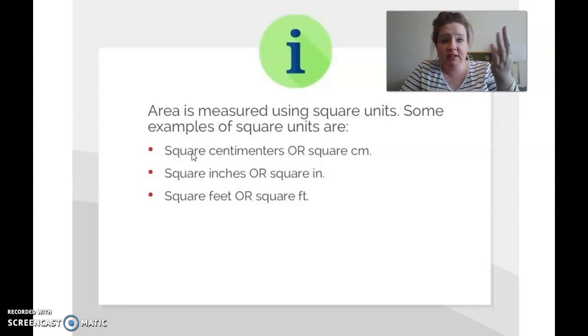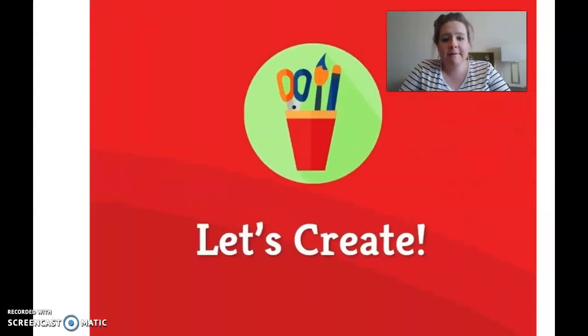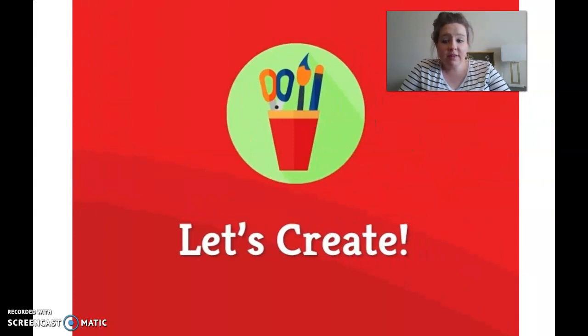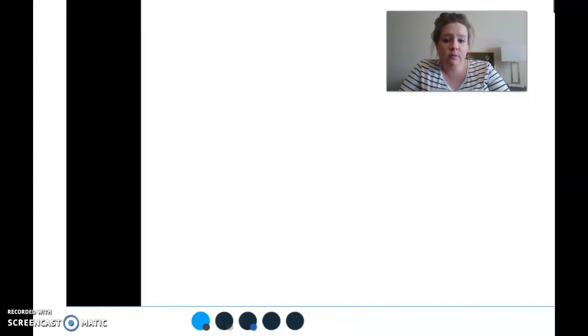Centimeters, inches, feet, yards, meters, kilometers, whatever is being used will have the word square in front of it. It's also really important that you remember to put that in your answer when you're done, that's your label.